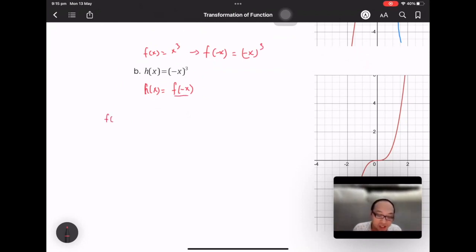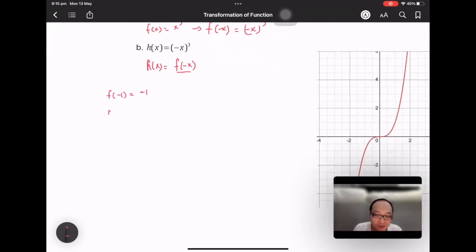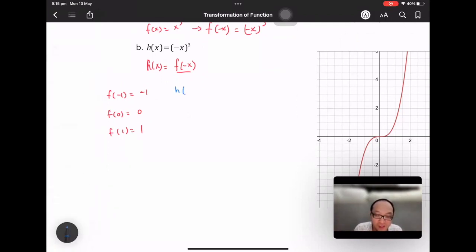So again, f(-1) equals -1, f(0) equals 0, f(1) equals 1. And now h(-1) will be f(-(-1)) equals f(1) equals 1.